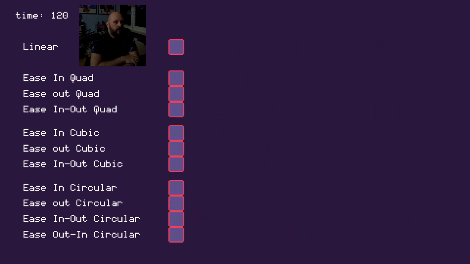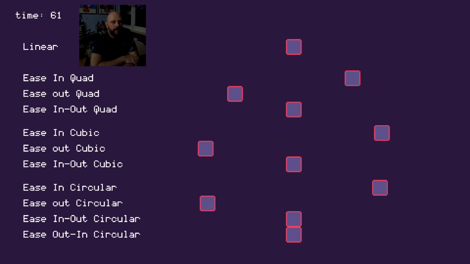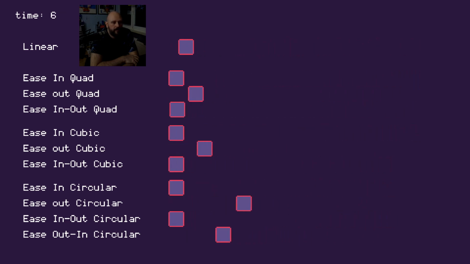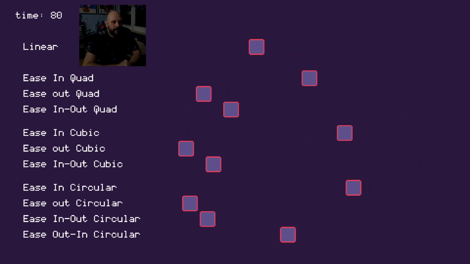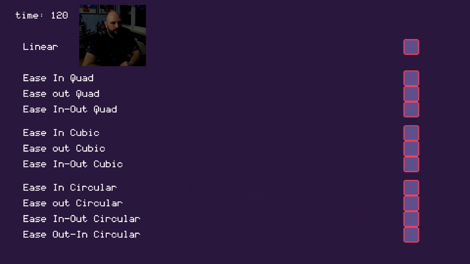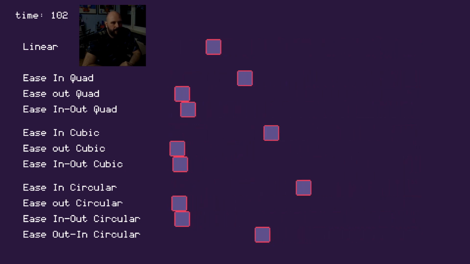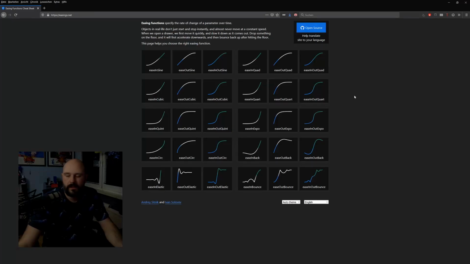And you can see at the very bottom, I also added an ease out in function or equation, which is something very interesting, which can be used for several things. It all depends on basically your imagination.